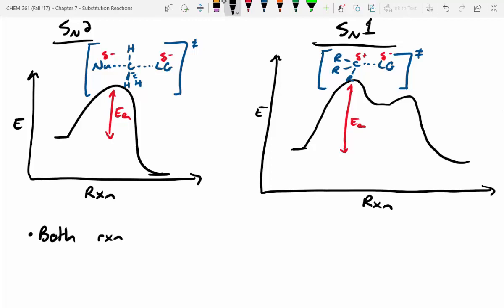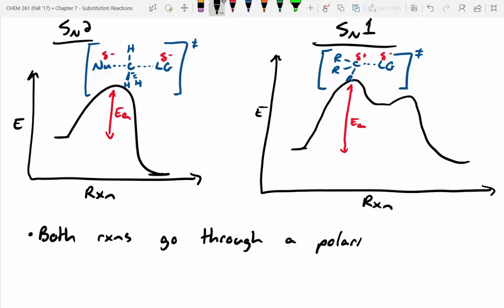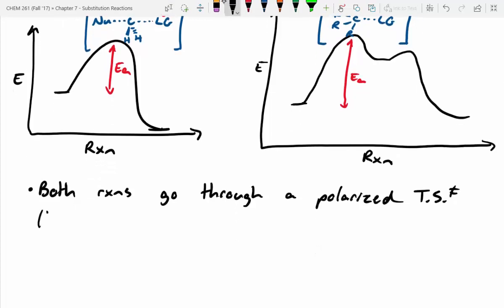So both reactions go through a polarized transition state, meaning they have a partial positive or partial negative.